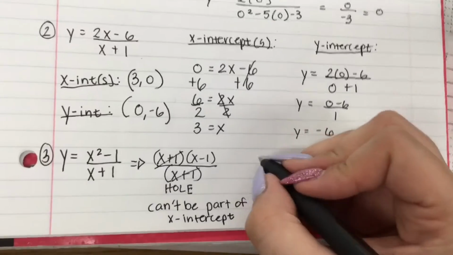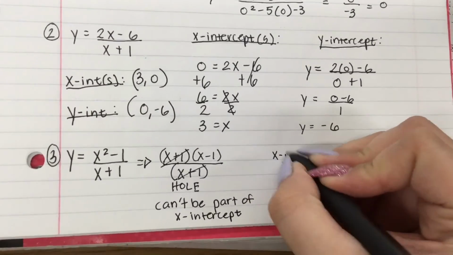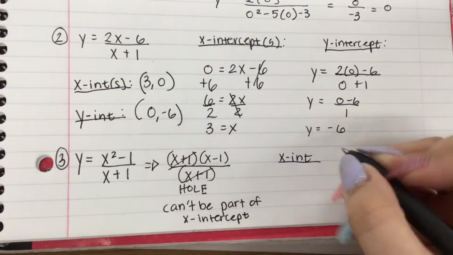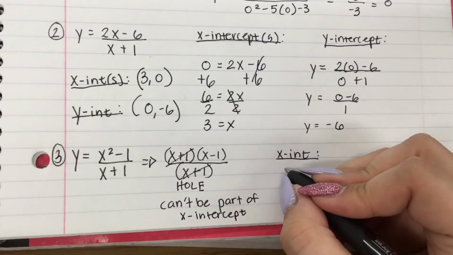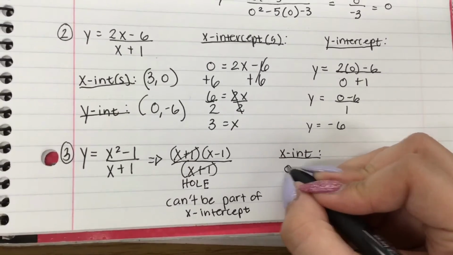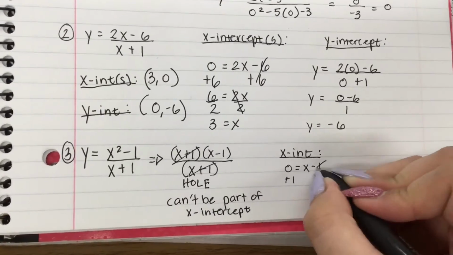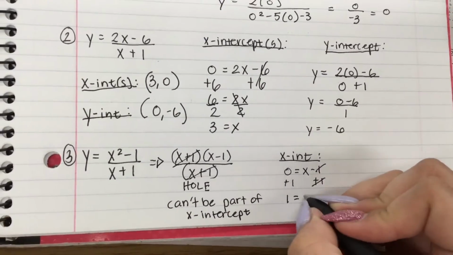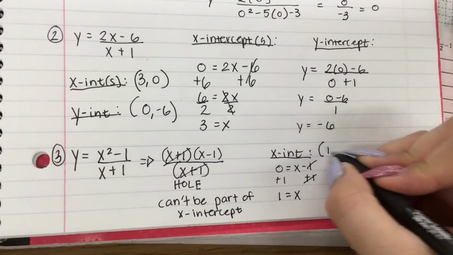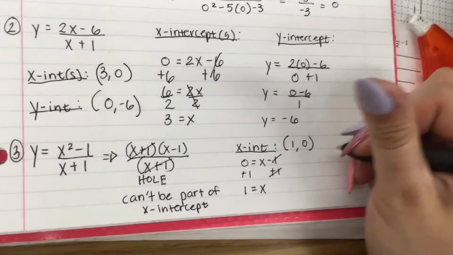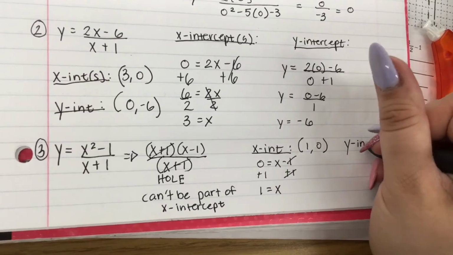So write your leftovers. You're left with y equals x minus 1. So to find my x-intercept, I'm going to set that numerator equal to 0. That's the only numerator I have left. I solve, I get 1 for x, so the x-intercept is 1, 0.